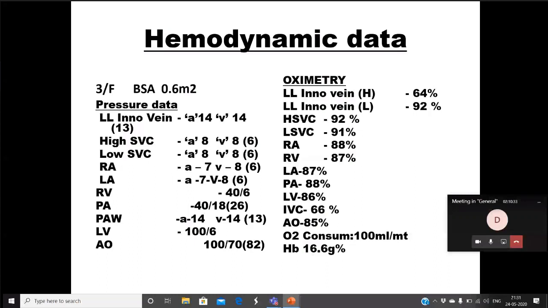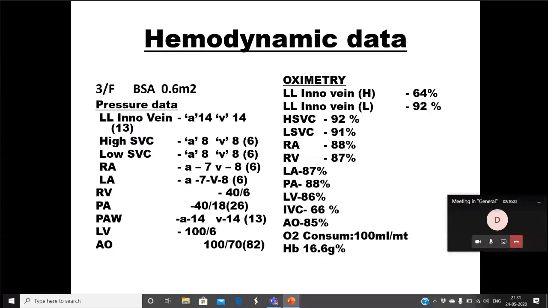Very good. Then RV systolic pressure is 100 millimeters of mercury and pulmonary artery systolic pressure is 25 millimeters of mercury, so there is a 75 millimeters of mercury gradient across the pulmonary valve. What about RV diastolic pressure? RV end diastolic pressure is 10, that is slightly elevated.